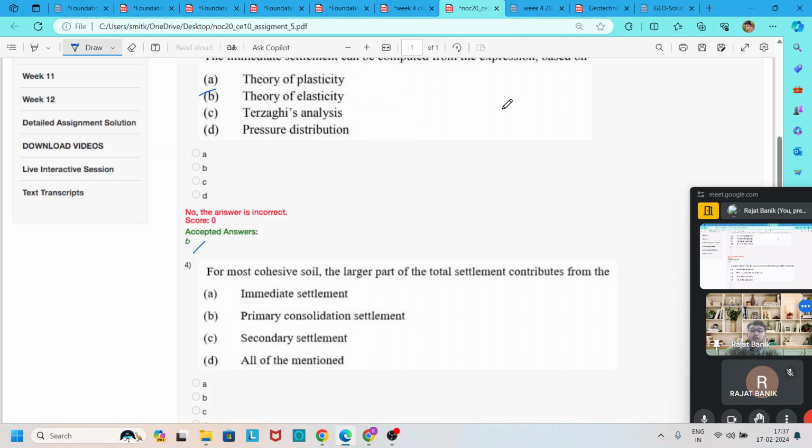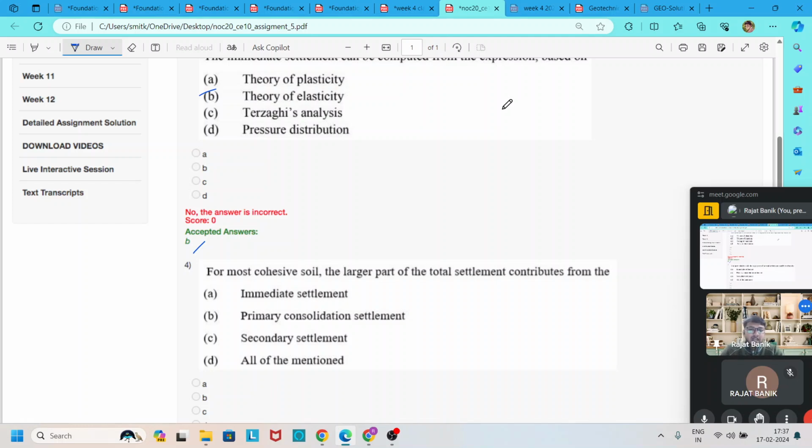We know that cohesive soil undergoes plastic settlement, and sandy soil undergoes elastic settlement.